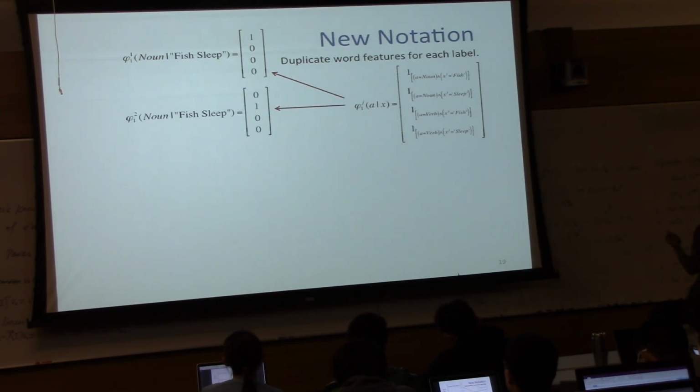If we instead ask for the feature representation of the second token being noun, given the input fish sleep, then only the second feature is going to be true, and the other ones are going to be false. So the second one is 1, and the rest are 0.